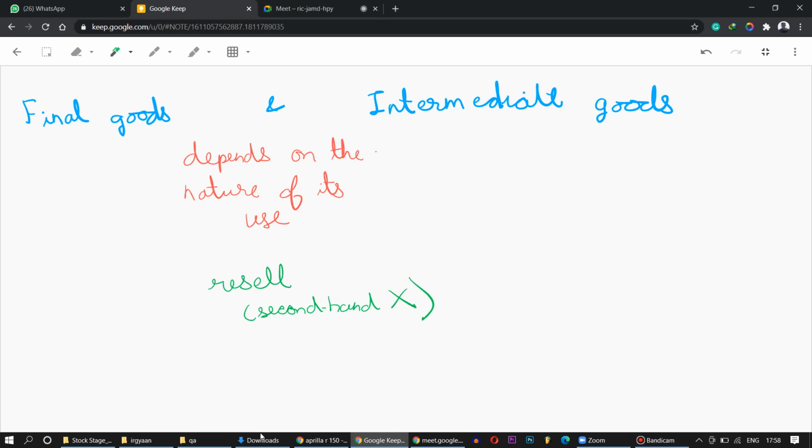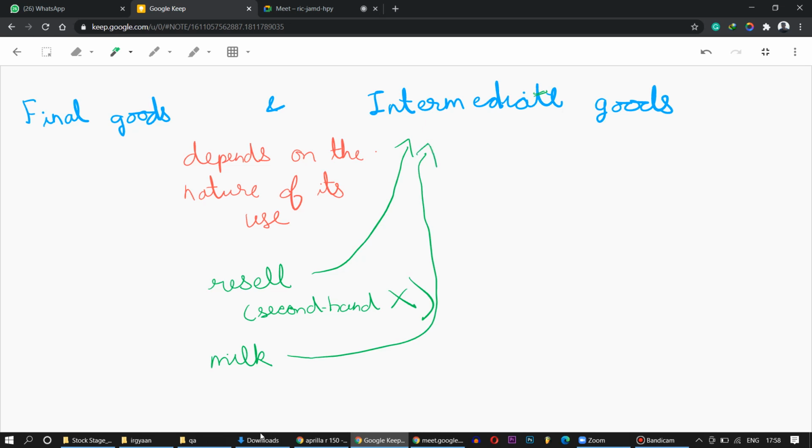Is it a final good or is it an intermediate good? Exactly, this goes under intermediate. Next, I am buying milk and I am a bakery owner. I'm going to make cake out of it. Final or intermediate? Yes, this will also be an intermediate good.